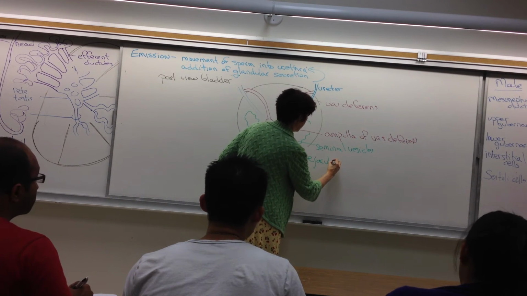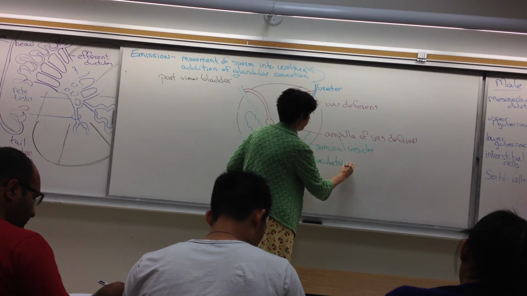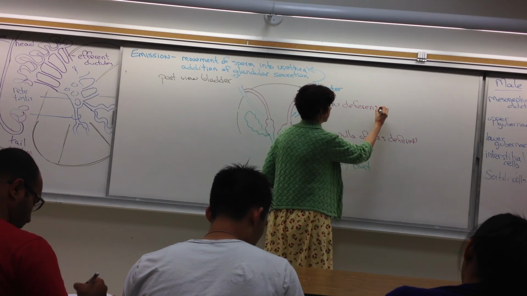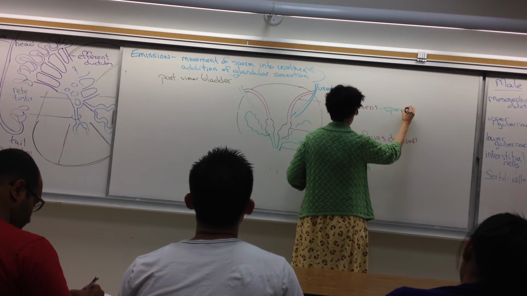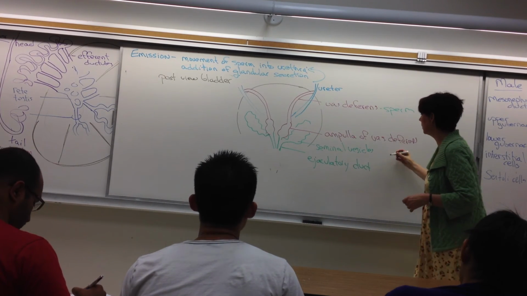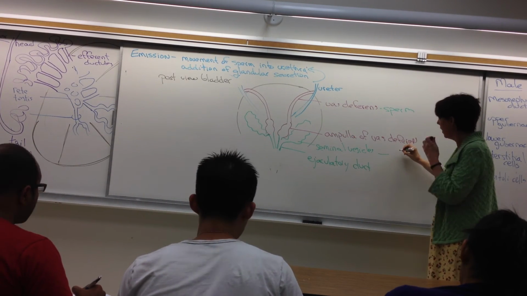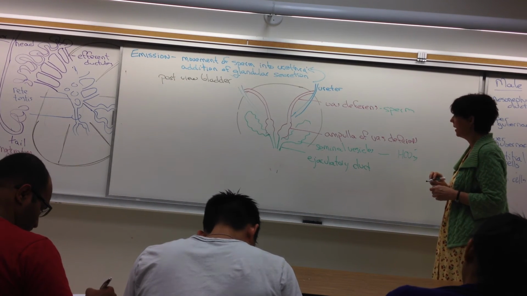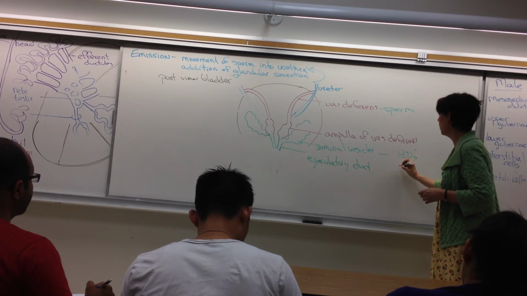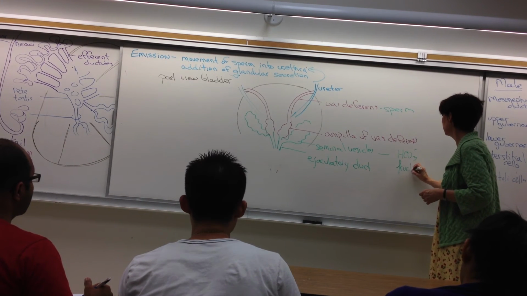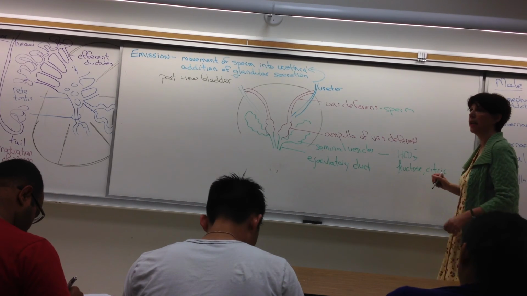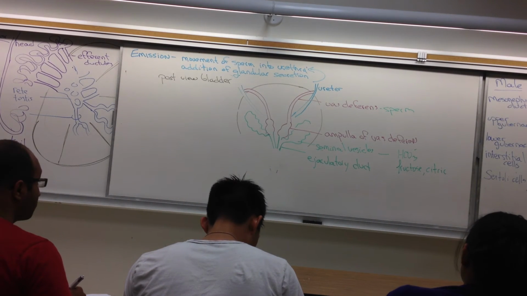So the content of the vas deferens, which is the sperm, and the content of the seminal vesicles, which is a bicarbonate-rich fluid. It has nutrients for the sperm in the form of fructose and citric acid, which the mitochondria in the cell can use directly to form ATP.